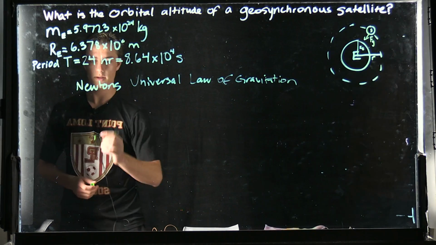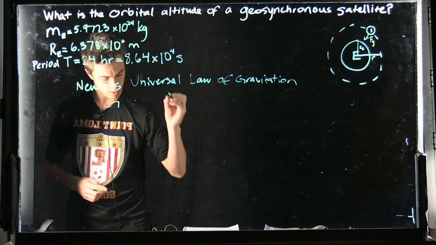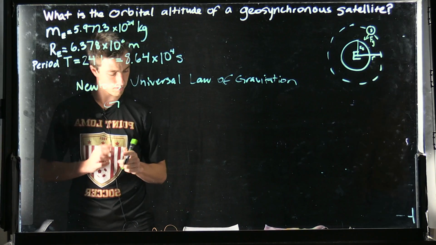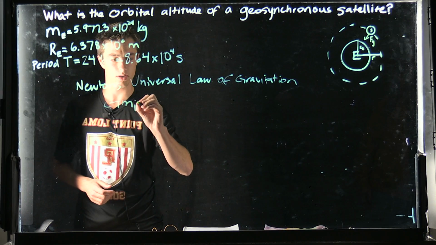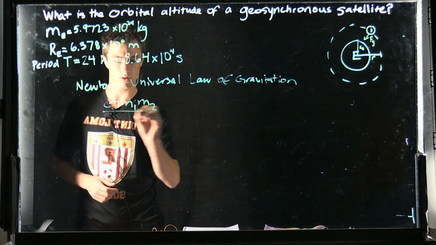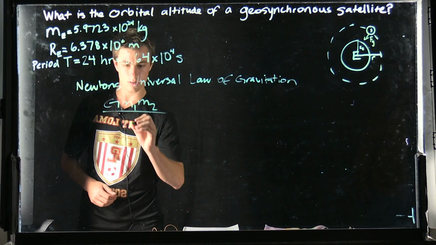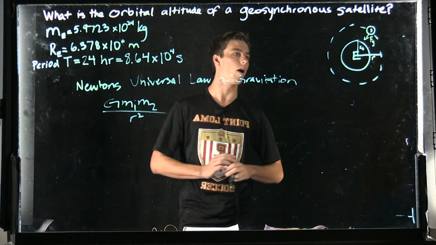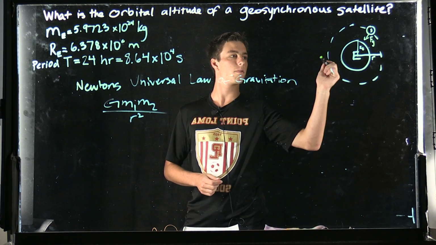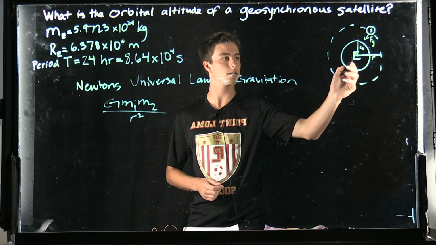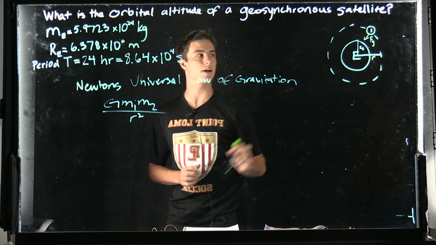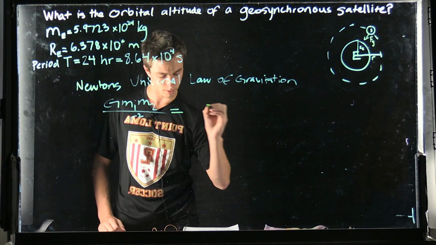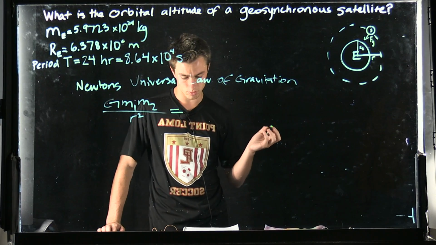That is capital G, which is the universal gravitational constant, times m1 times m2 over r squared. In this instance, r is the distance from the center of mass of the Earth to the center of mass of the satellite.